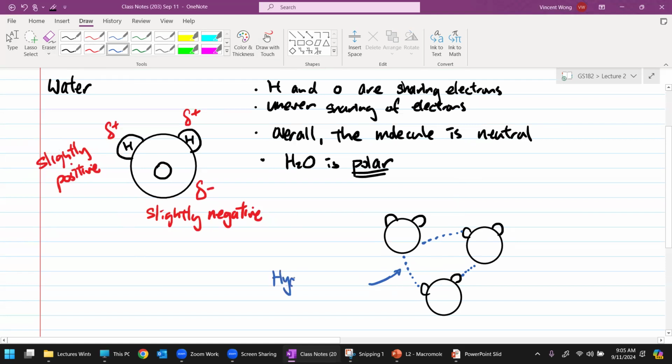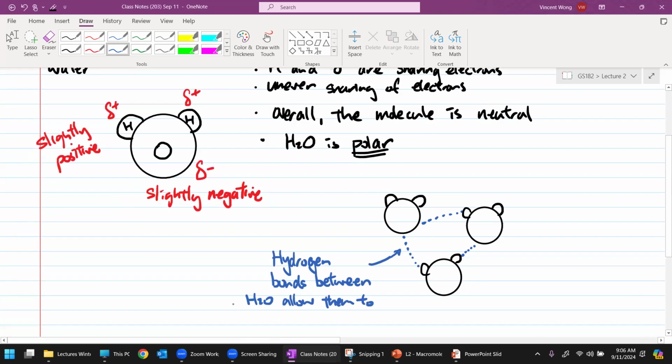And these little interactions, these attractions, we have a name for them. It's called a hydrogen bond. And they exist between water molecules. So hydrogen bonds between water molecules allow them to stick to each other.